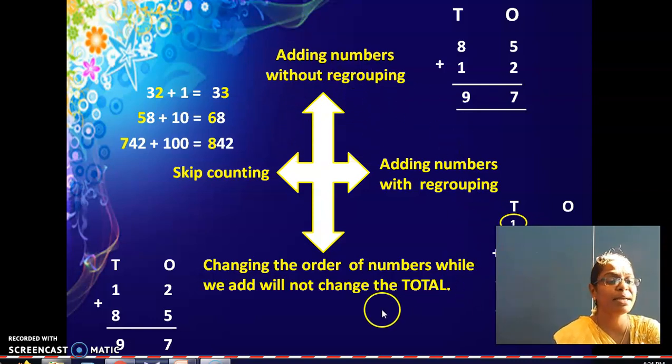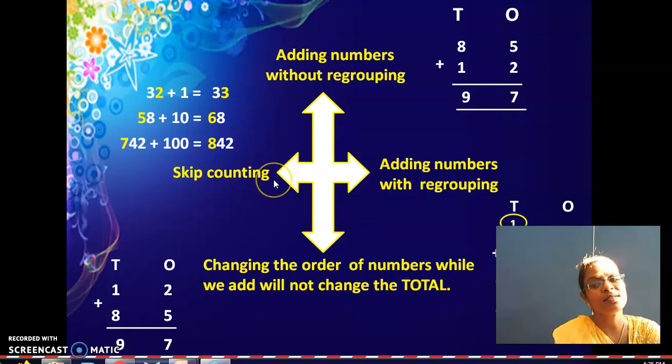So these are all the methods which you have learned for addition. You can use your fingers, keep it in your mind, and say the forward counting, isn't it? So these are the methods: adding numbers without regrouping, adding numbers with regrouping, changing the order of numbers while we add will not change the total, and then the skip counting method.